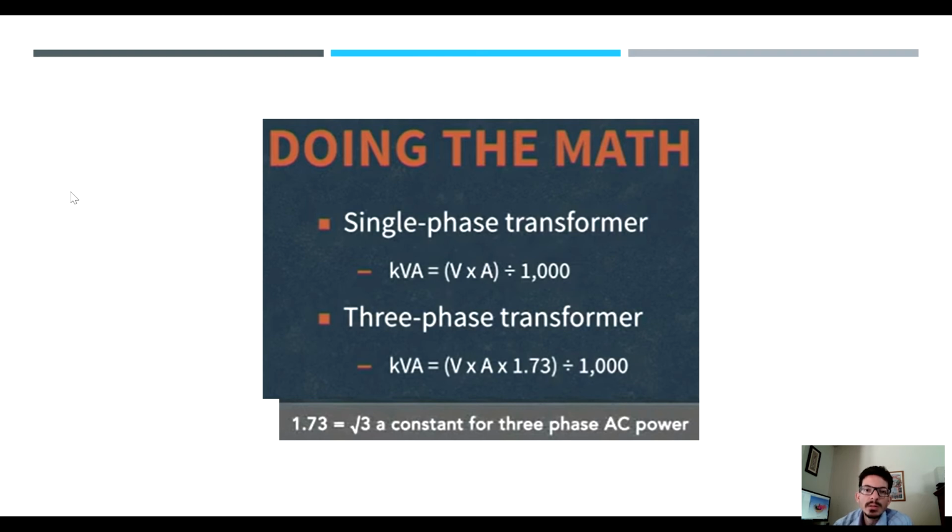For a three-phase transformer, it is the voltage times the amperage times 1.73, a factor based on the three phases going into the transformer, divided by 1,000. The 1,000 is the same because of the kilovolts. For one phase it is just voltage times amperage. For three phase it is V times A times 1.73. The 1.73 is the square root of 3, which comes from computing the three phases going into the transformer.